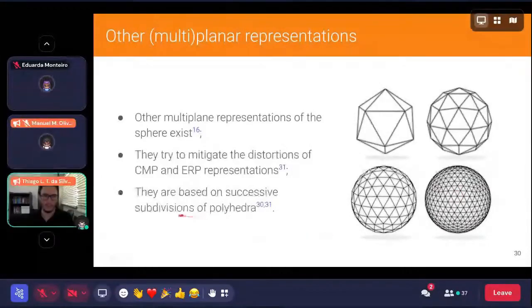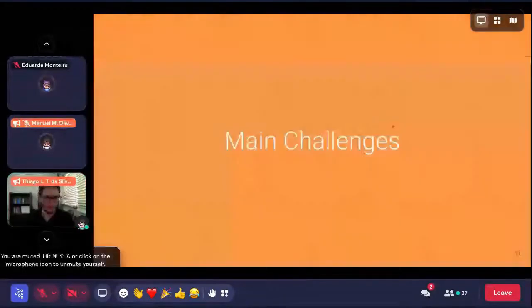As I mentioned before, these representations are based on successive subdivisions of a polyhedron, and we have an initial polyhedron like an icosahedron or an octahedron or so.